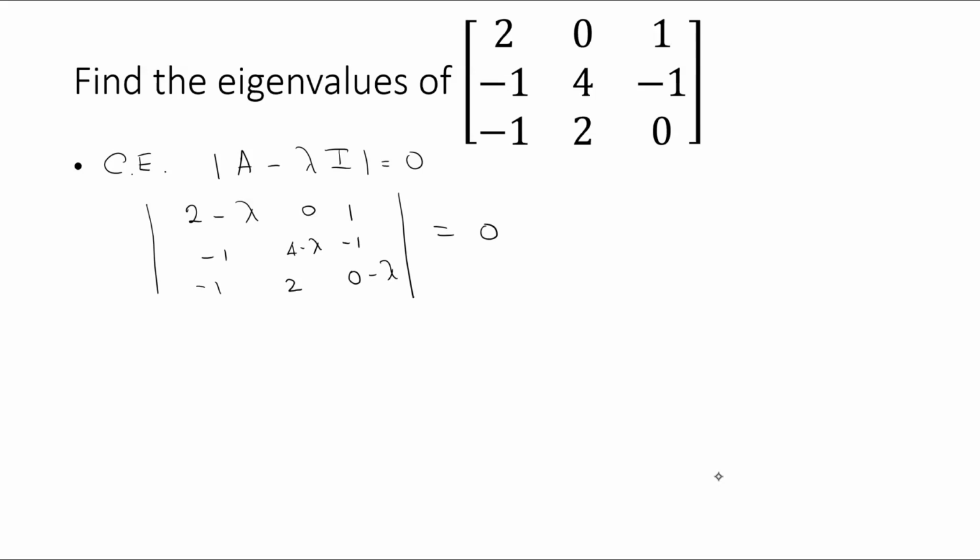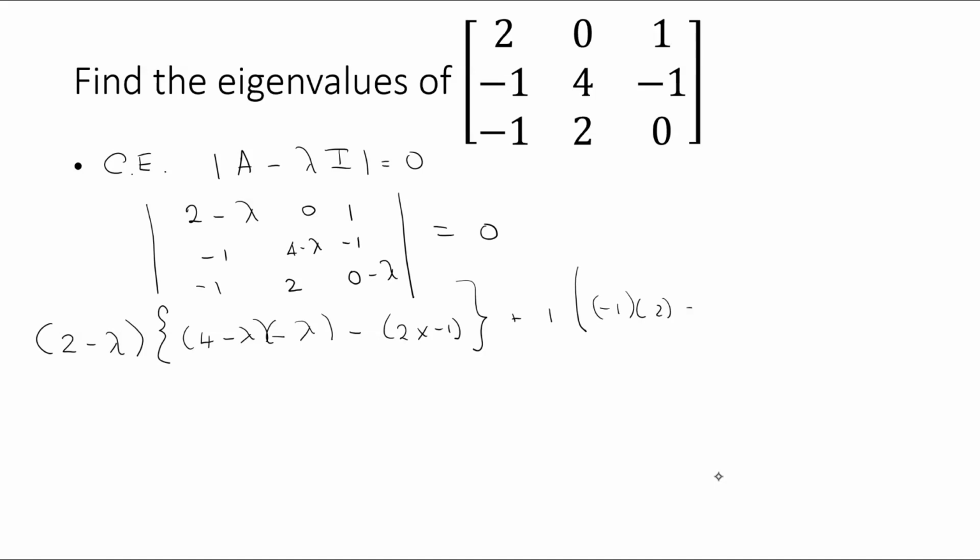So finding the determinant of that, let's hope I can get it right without making any errors. First row, 2 minus lambda times (4 minus lambda) times (-lambda) minus 2 times -1, plus, now the next term is going to be 0, so I'm not going to put it in, but it will be 1 times (-1 times 2 minus -1 times (-4 minus lambda)).